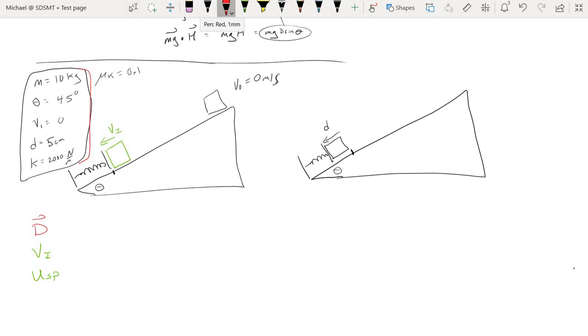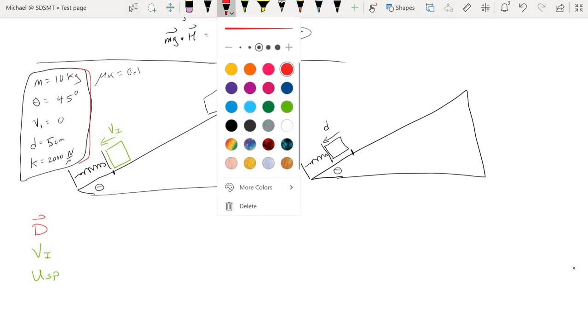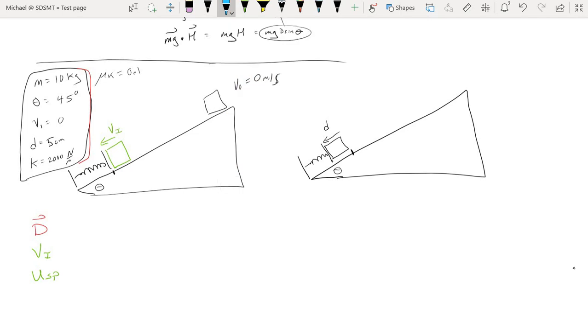Of all the questions that we have posed to us, what we need to do in terms of conservation of energy is compare the energy at the initial location to the energy at any other location in the problem.